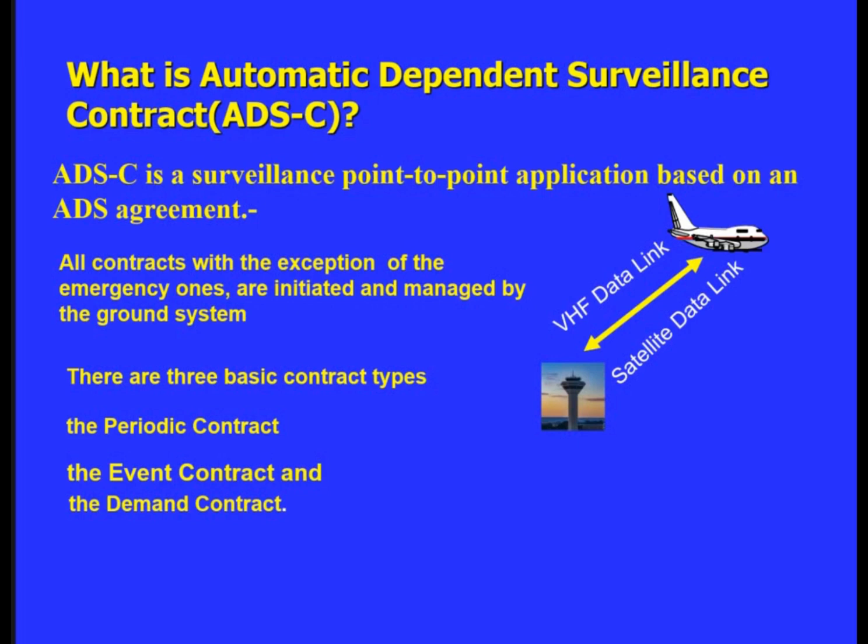Now, the event contracts which are available are the vertical rate change event, the lateral deviation event, the altitude range change event, and the waypoint change event.